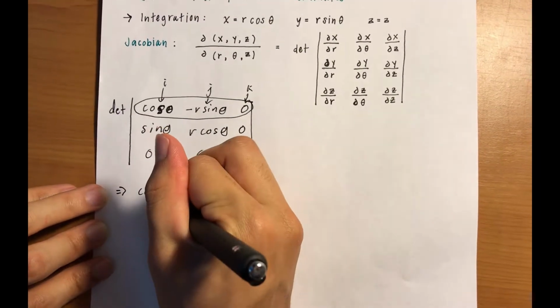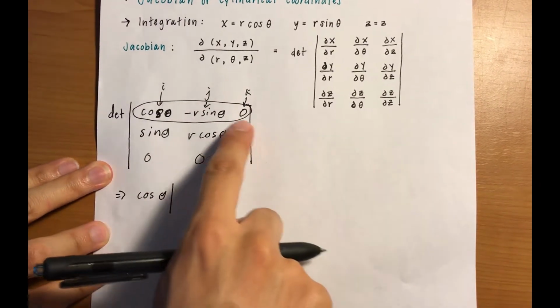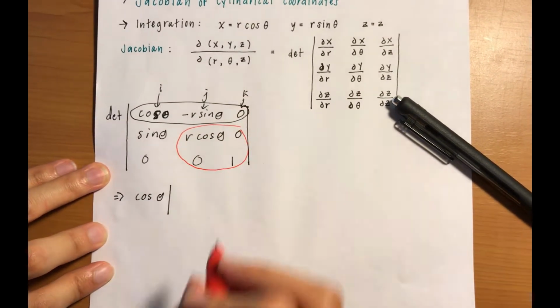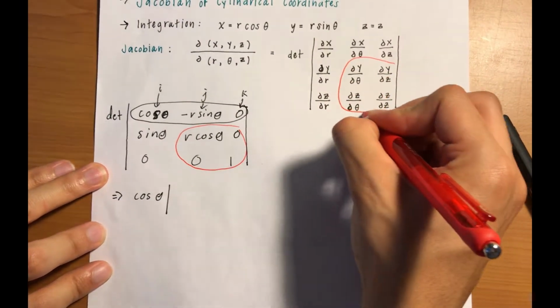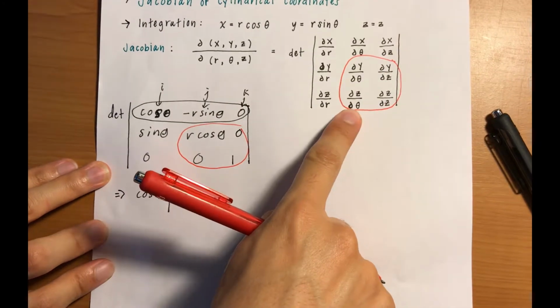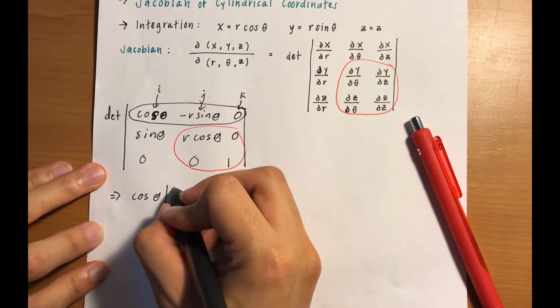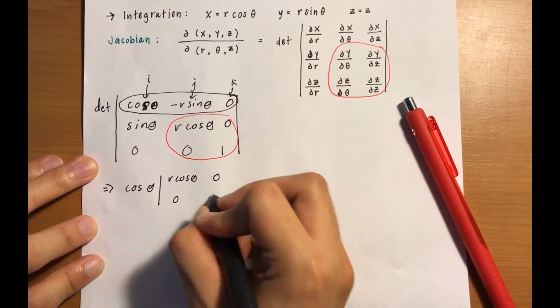And now the determinant of, after we eliminate this row and this column, we're left with this square right here. So it's this portion of the Jacobian, and we just put it in here: r cosine theta, 0, 0, 1.